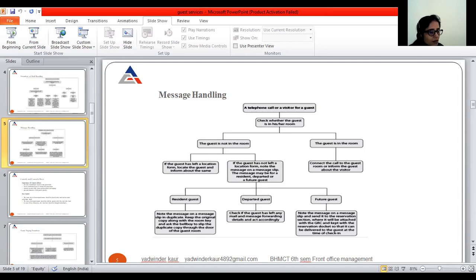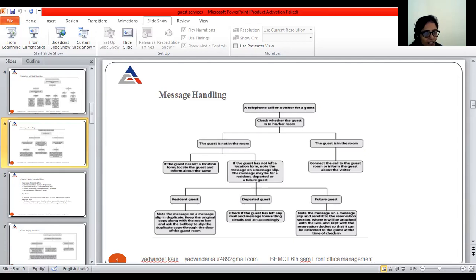So there are three situations: the guest is staying with us, the guest has departed from the hotel, or it is a future booking. If the guest is coming to your hotel and we get some mail or any message from another person for that particular person, then for the future booking, when the guest checks in, at the time of check-in we have to hand over that message slip to the person, or we can send it to the reservation section, where it will be attached with the GRC form.